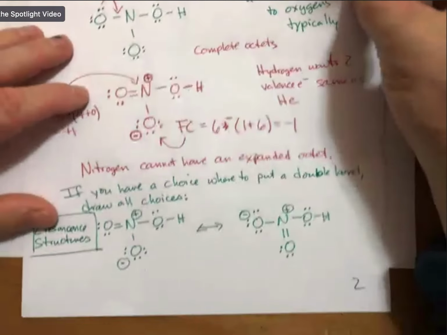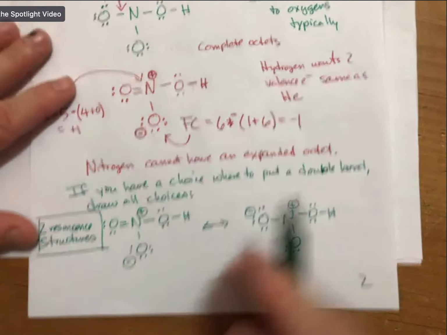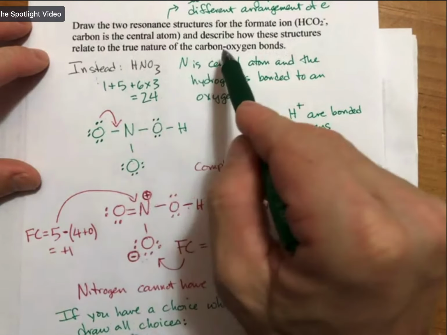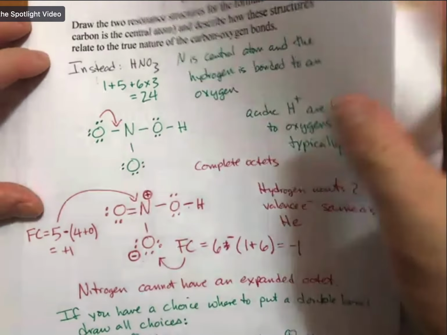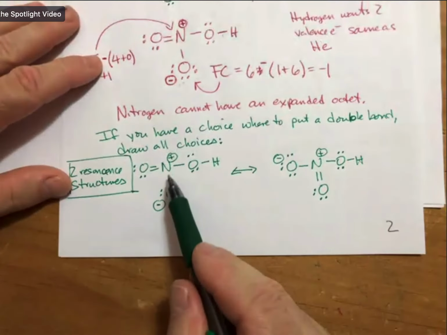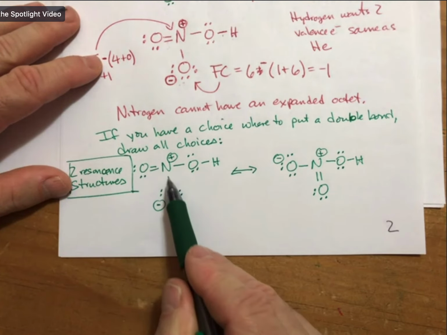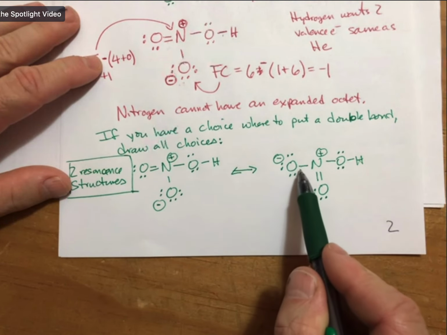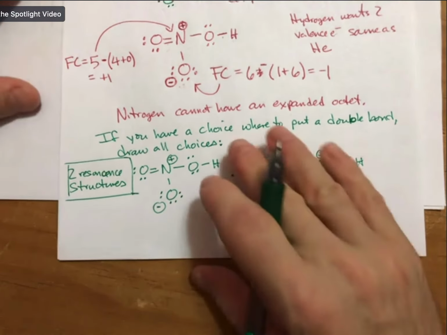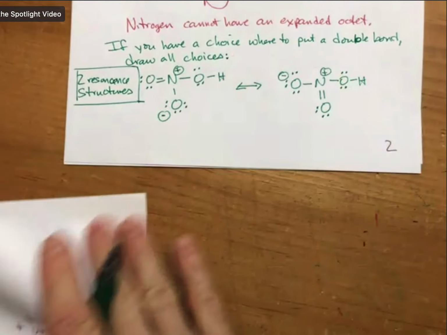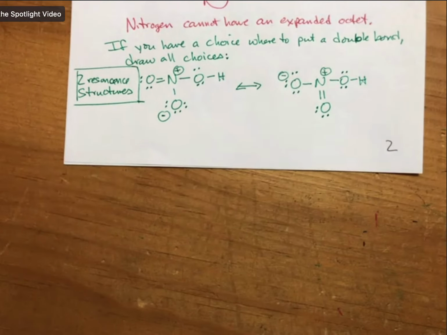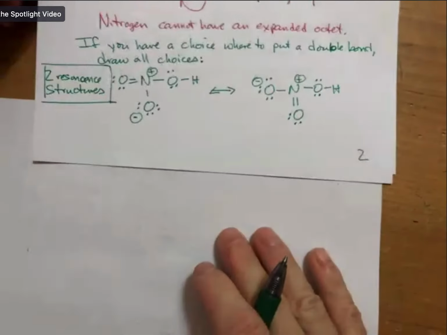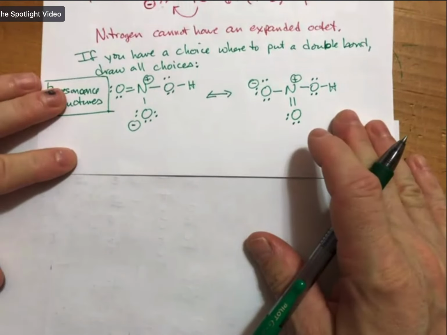Okay. So then we come down here. And the question says, describe how these structures relate to the true nature of the carbon-oxygen bond. We are going to talk about the true nature of the nitrogen-oxygen bond, and specifically these two. The way in which we're going to do that, I'm going to have to create more space since these are the longest problems ever. All right.